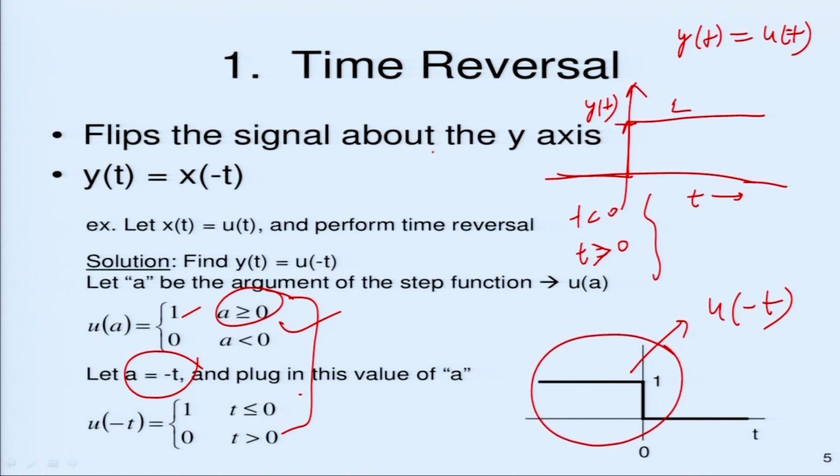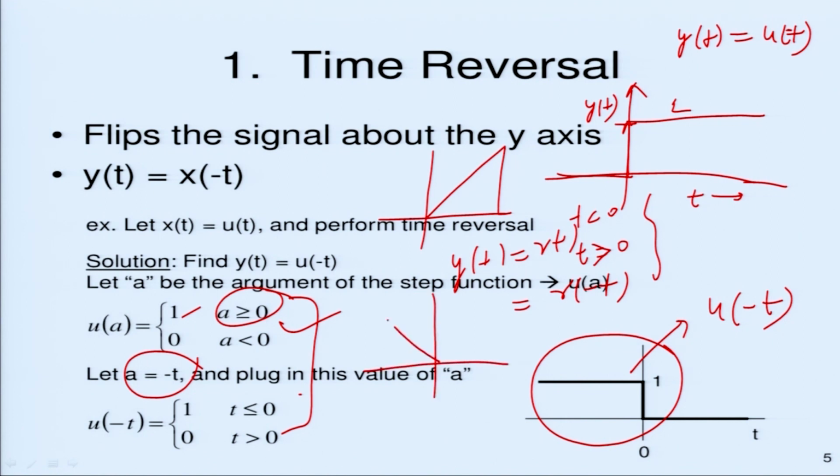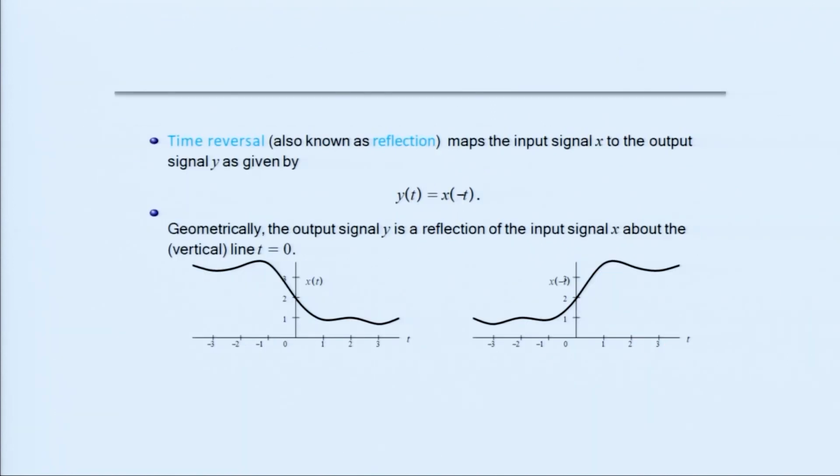Similarly, suppose you have a ramp signal like this, y of t equal to r of t. If you reverse the signal to r of minus t, it turns like this and goes into the negative axis. This is the other representation. So the peak was at minus 3, now the peak will shift to plus 3.